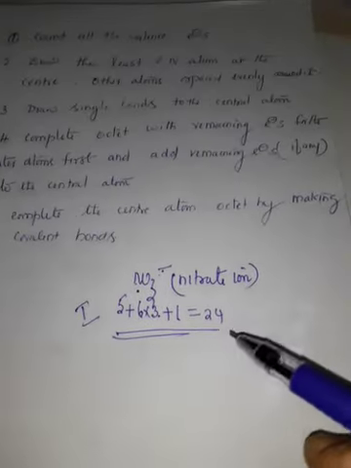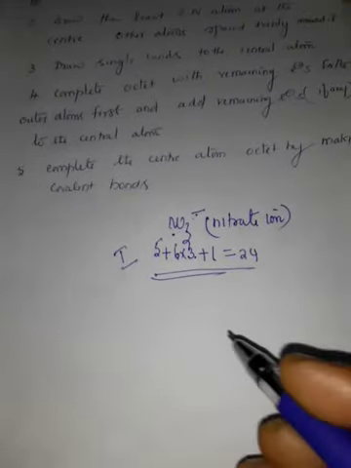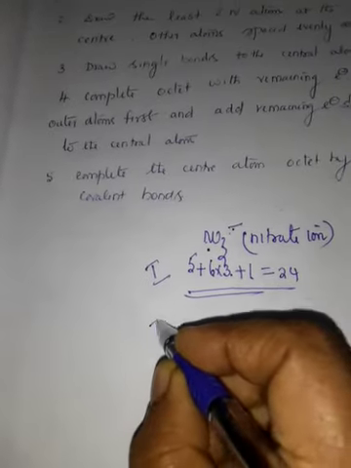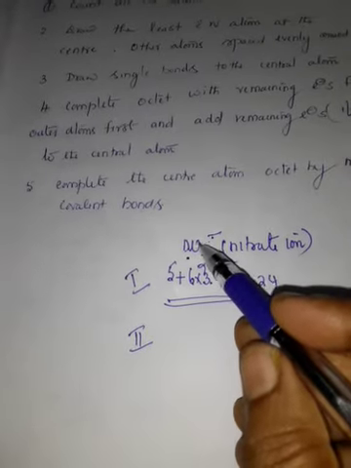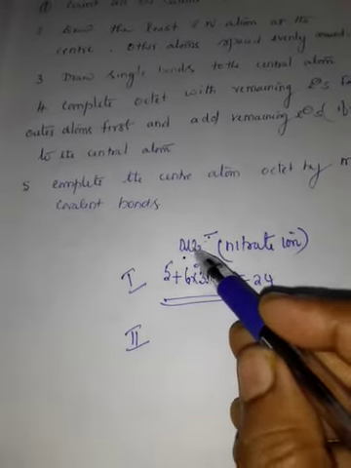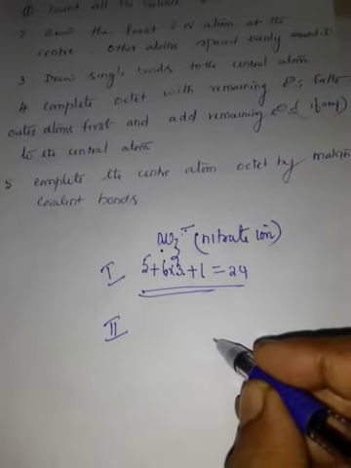First of all, count all the valence electrons; I have added it is 24. Step 2: in NO3, which is the least electronegative among N and O? N is the least electronegative.